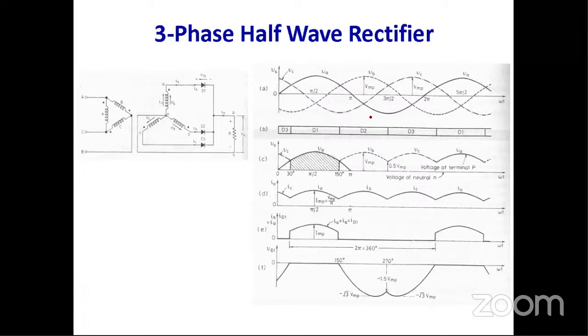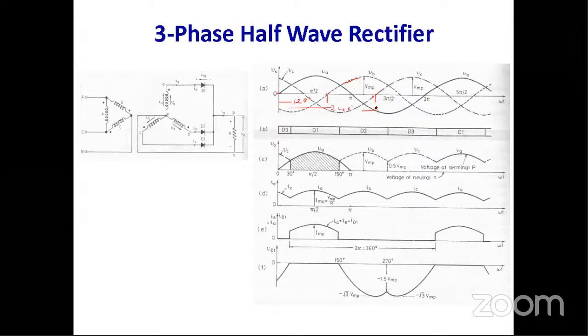First you have to draw VA, then VB. This is VB, which lags VA by 120 degrees. So that point is basically 120 degree. And again VC, which with respect to VA is at 240 degree.